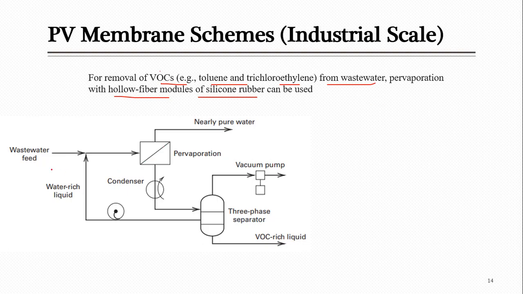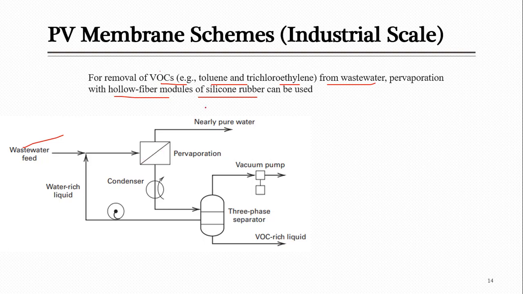When you bring this wastewater to the membrane module, you are using a membrane which allows organic chemicals to pass through, and they get separated. Why are we using this? Because the water is in large quantity, we don't want water to pass through this membrane. We want the components which are in small amount to pass through.